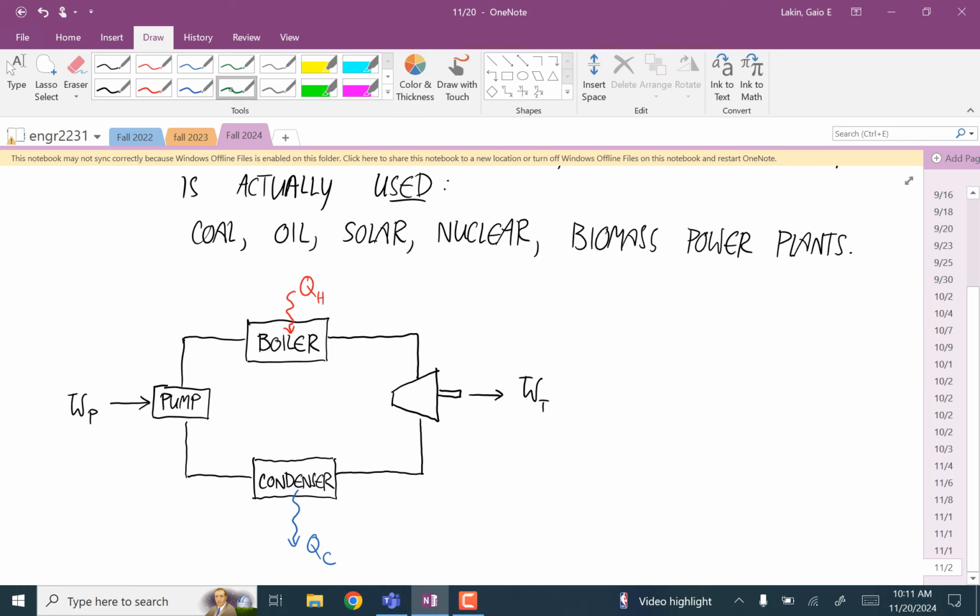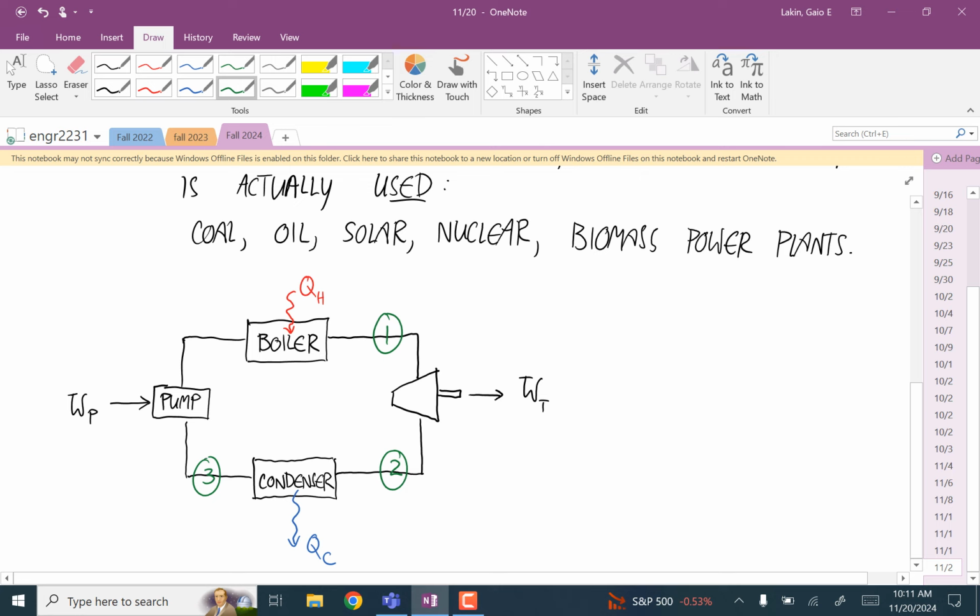Each one of these processes goes from one state to another, and we're just going to name the states between these processes. So this is state 1. State 1 to state 2 goes through the turbine. State 2 to state 3 goes through the condenser.